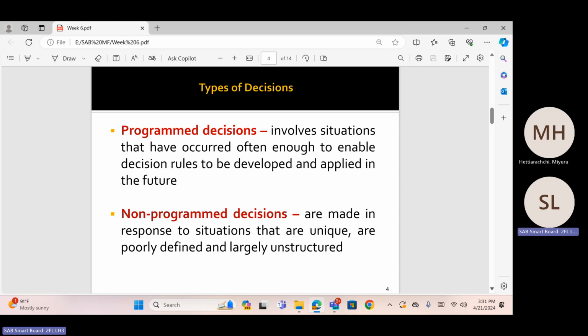But then there should be another special type of information system, no? Contributing to supporting it. And now we are going to identify that. So it has not been mentioned here. Then what is that? Semi-programmed decision.